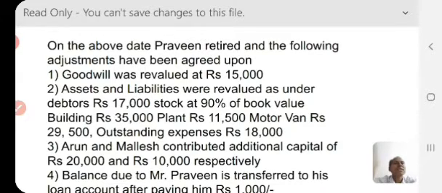Motor van rupees 29,500. Outstanding expenses rupees 18,000. Arun and Mallesh contributed additional capital of 20,000 and 10,000 respectively.